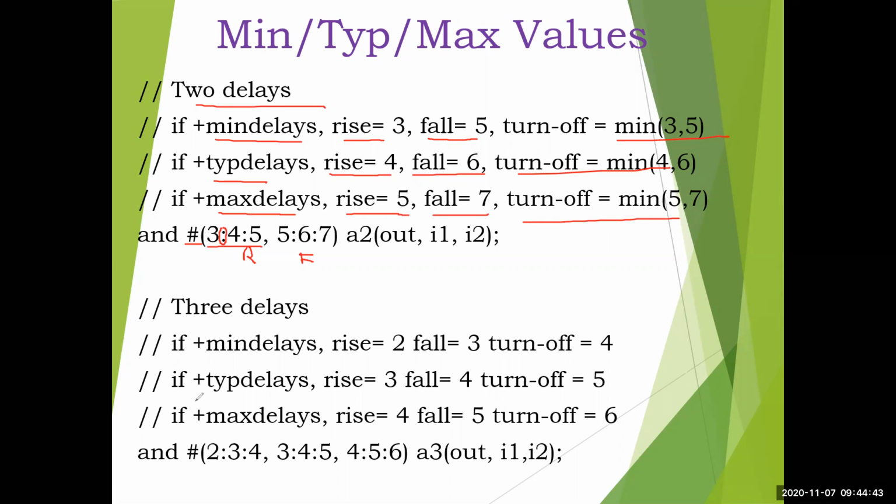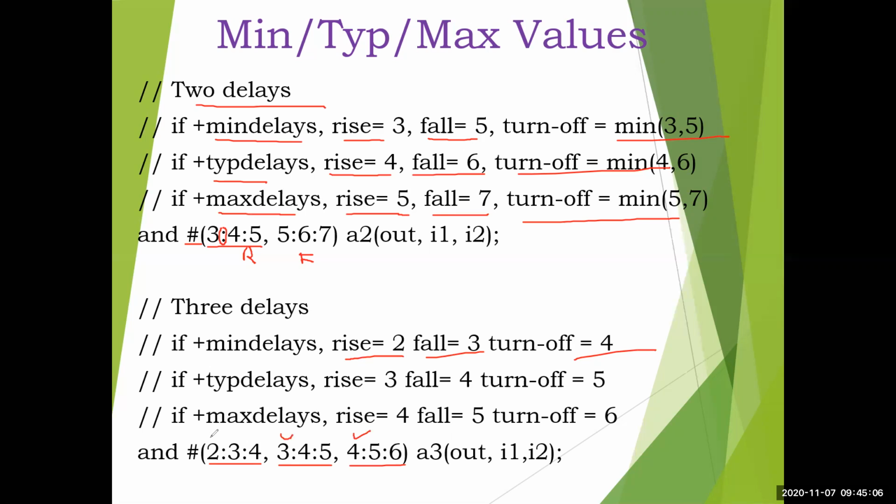Then if three delays are mentioned, we use them straight away: hash, rise delay, fall delay, and the turn off delay. All three are mentioned. Accordingly, for minimum delays, the rise case is 2, the fall case is 3, and the turn off case is 4. That is the first value.